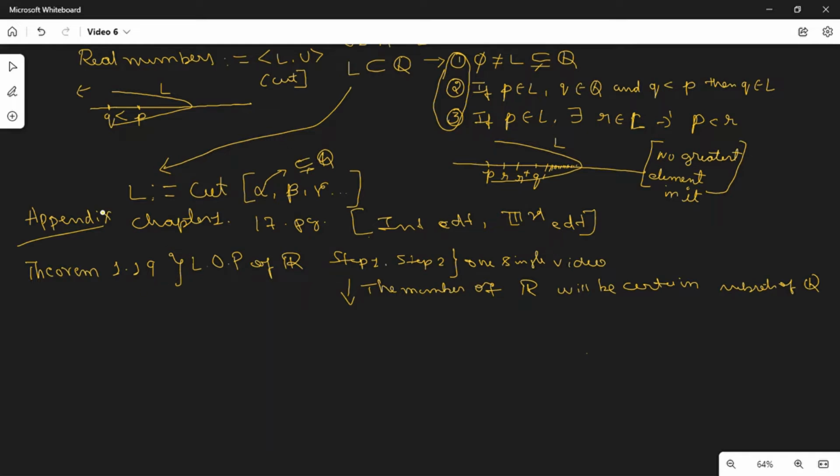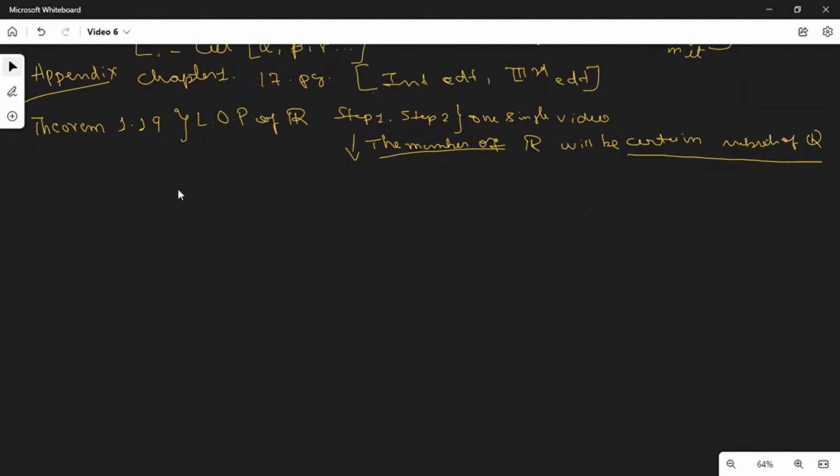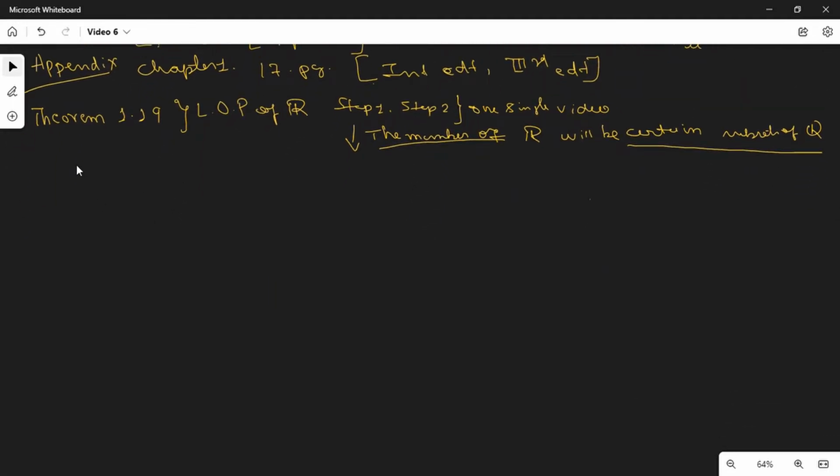Fine. So that is why I went out of the Rudin book, because Rudin's step 1 part is not enough to understand how to think of the members of R as certain subsets of Q. For this you need a little extra boost from video number 5.5. Alright, in this part he also explains two important properties.